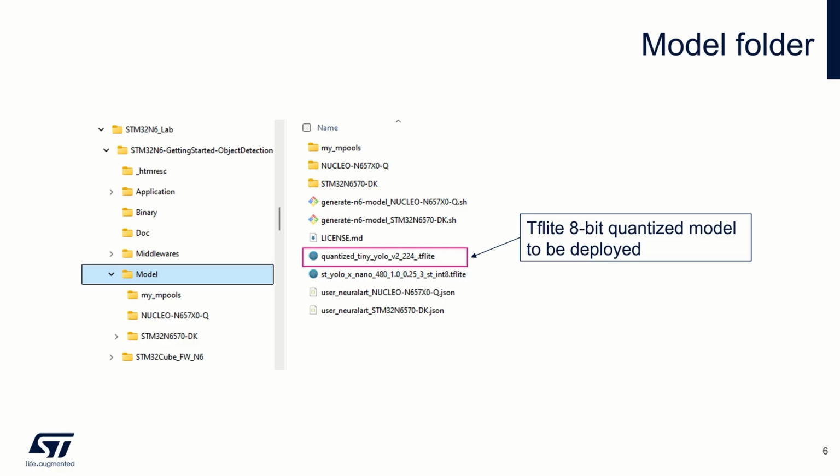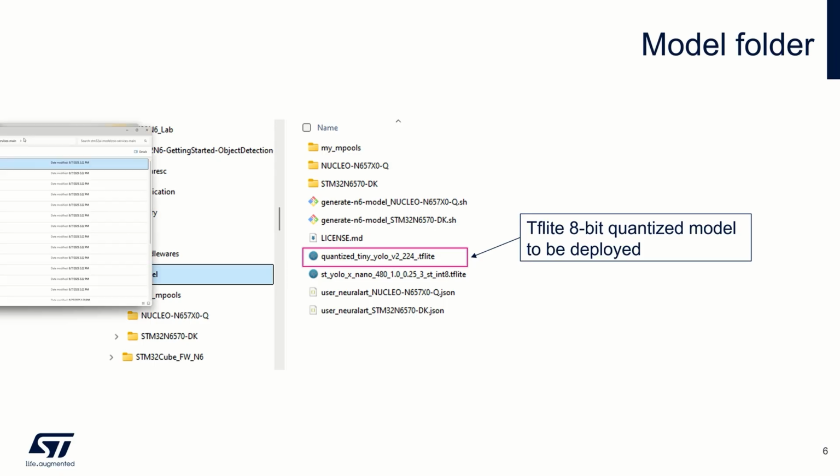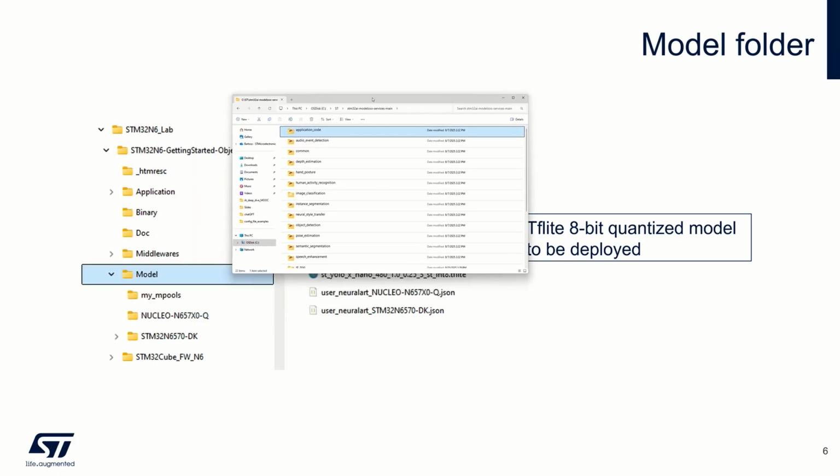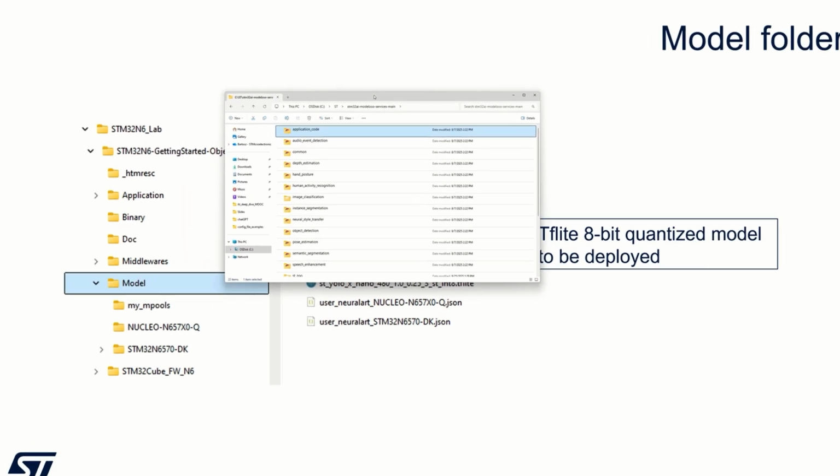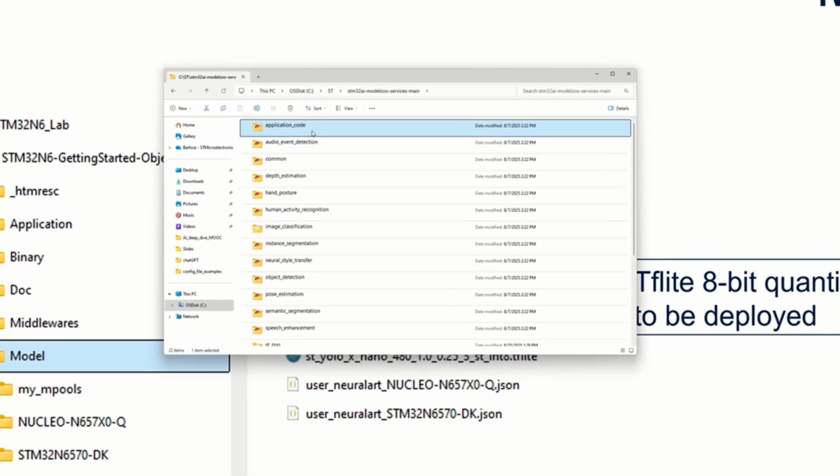Here we are going to deploy a model on the target board. It means that an example embedded application must be used to execute your model. And as already explained, in the structure of the Model Zoo services, there is an application code subfolder.